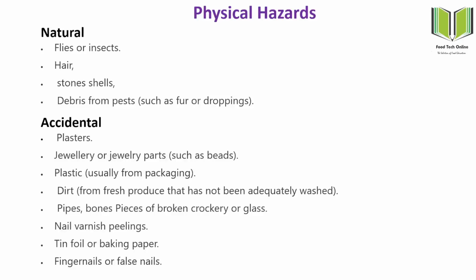These are the natural physical hazards. And accidental are many things. Any jewelry part, say one food handler is wearing a ring on his hand, and it accidentally gets into the food product. This is one of the examples of accidental physical hazards, and here I have mentioned some of them.